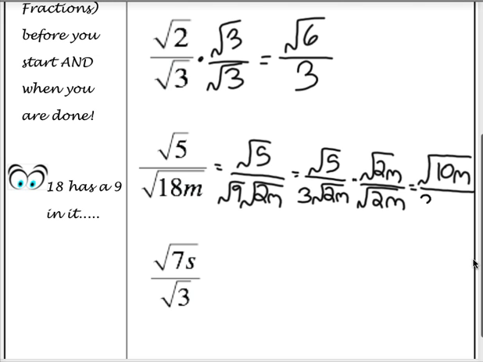On the bottom, I have 3, and then square root of 2m times square root of 2m. A radical times itself will give me back the radical that was inside. So I just get 2m. And now that 3 times 2m, I can just call that 6m and be done.